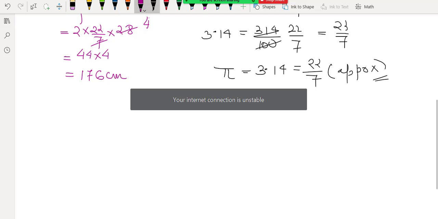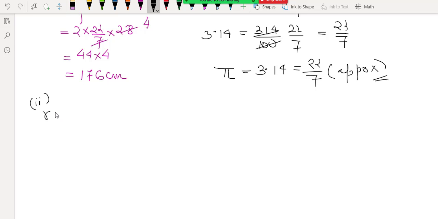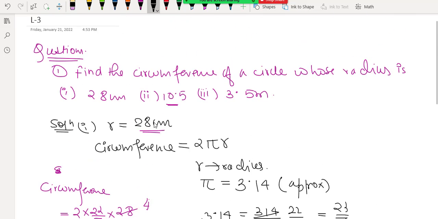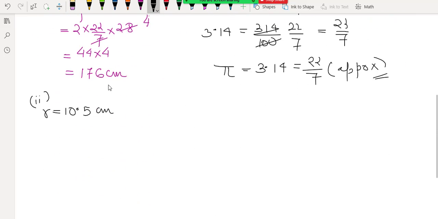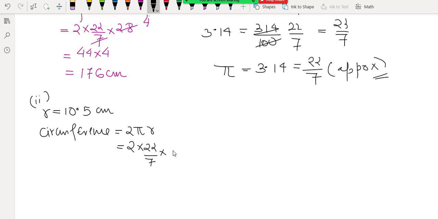So when the radius is 10.5 centimeter, the circumference is equal to 2 pi r, that becomes 2 into 22 by 7 into r, meaning 10.5.